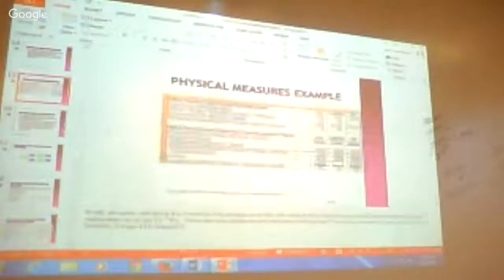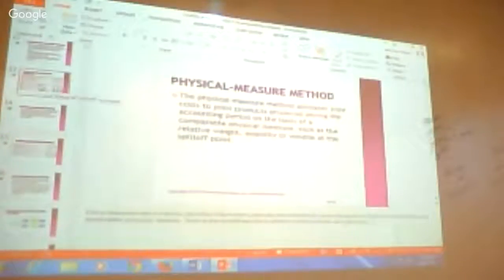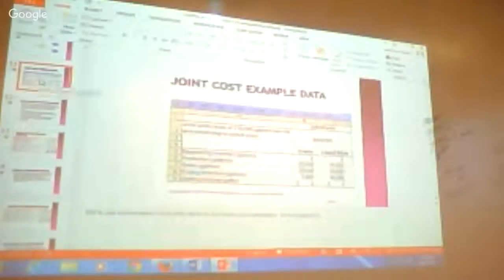If there were no additional processing costs after the split-off point, how would the joint cost be allocated? So basically, physical quantity basis and sales value at split-off. Physical measures is what you would look at there. And then the sales value at split-off one.